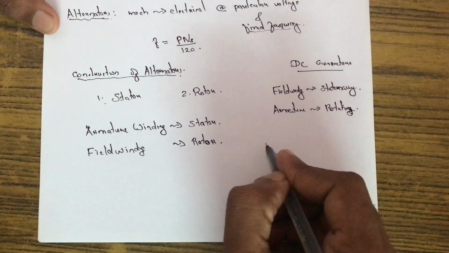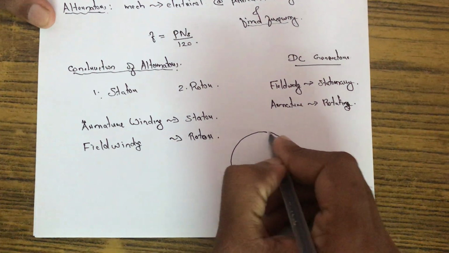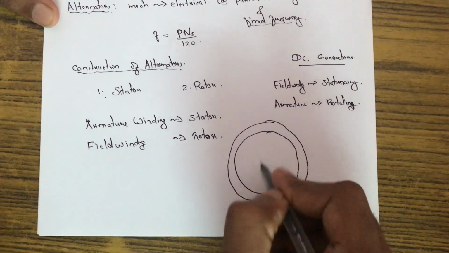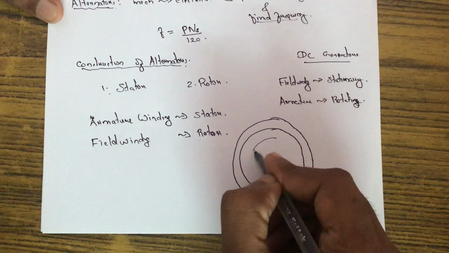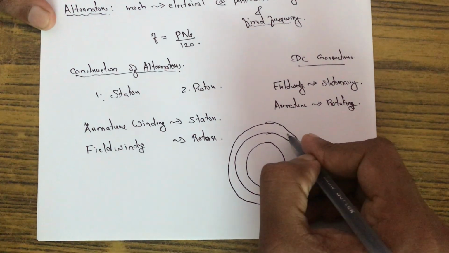As a construction, it consists of a stator and one rotor inside this. This is the stationary part.